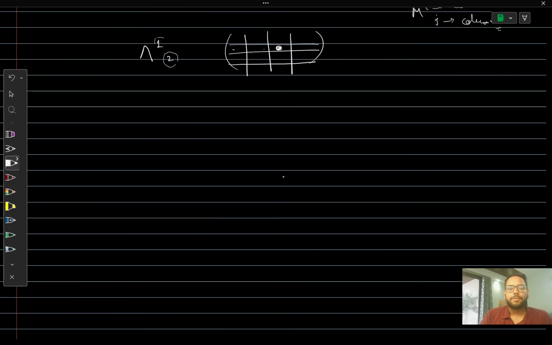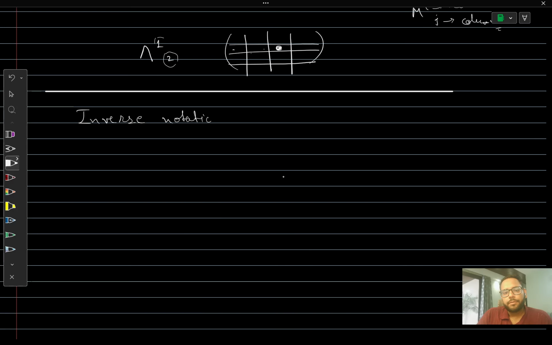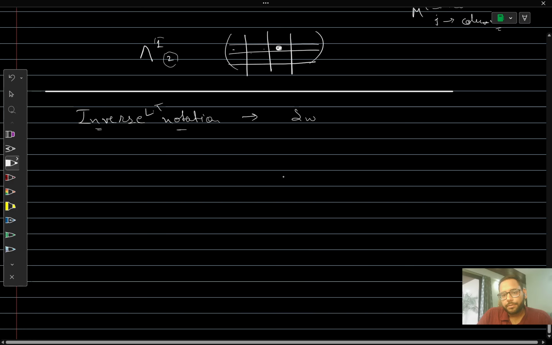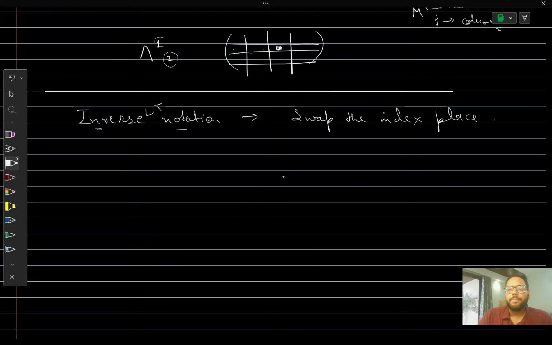Okay, let's go. What I have to tell you is the inverse Lorentz transformation notation. You just swap the index places.